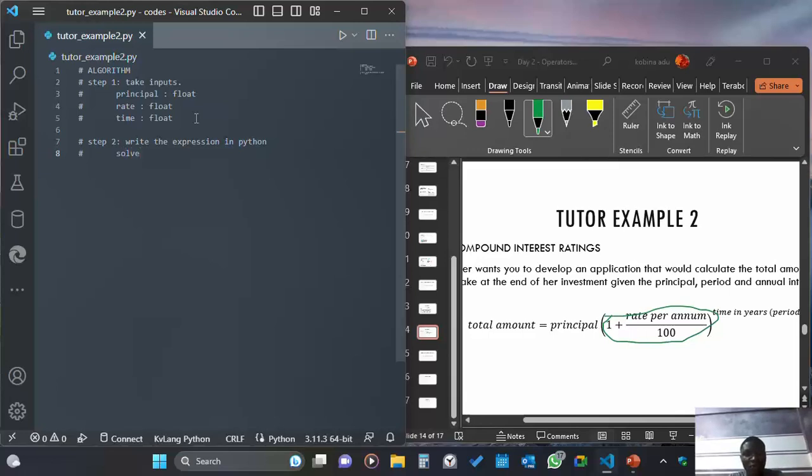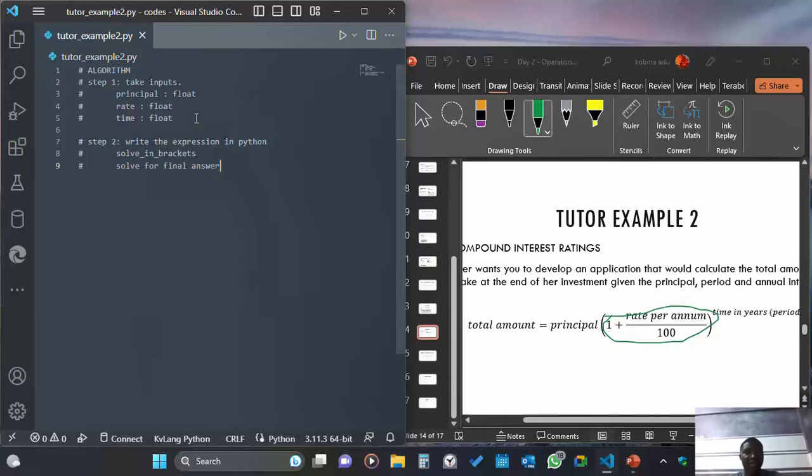So solve in brackets first, then when we are done, we solve for the entire thing. So solve for your final answer.